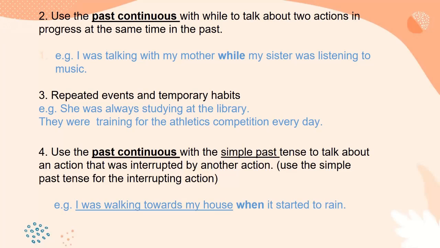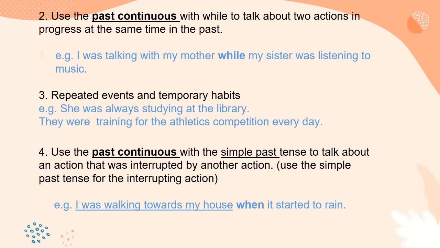Let's continue with the second use of the past continuous. When there are two actions in past continuous in the same sentence, it expresses the idea that both actions were happening at the same time in the past. For example, I was talking with my mother while my sister was listening to music.